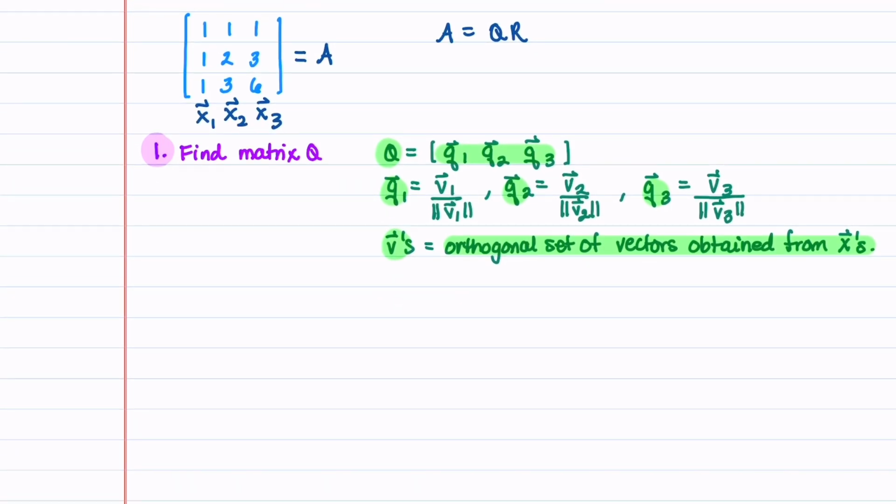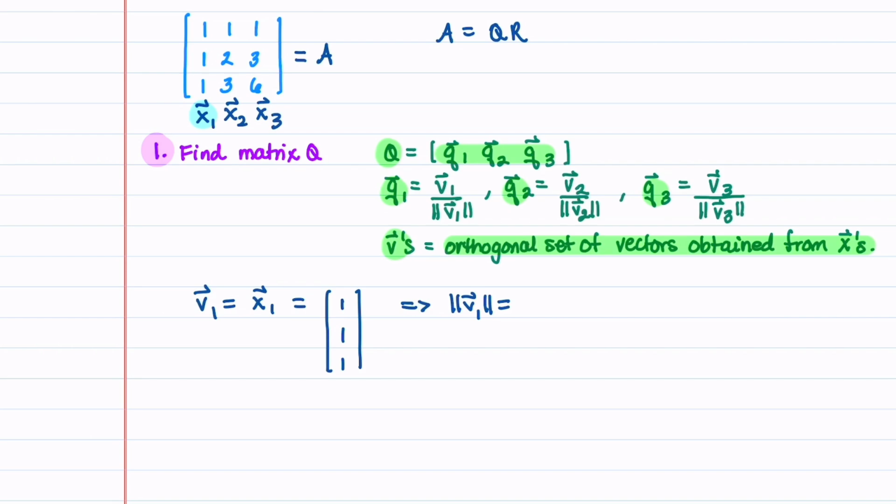We first need to find vector v1. What we're going to do is look back at our matrix A, and take one of those vectors and hold it fixed. I'm going to choose that vector to be x1, and I'm going to set it equal to vector v1. We now need to find Q1, so let's find the magnitude of vector v1.